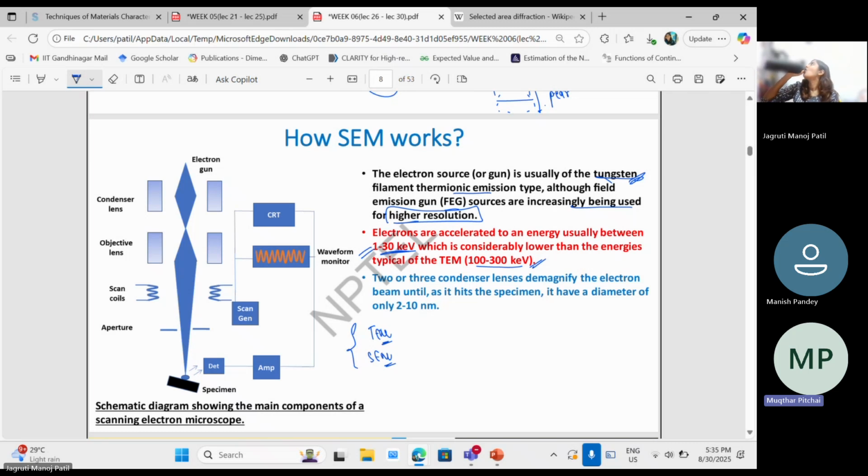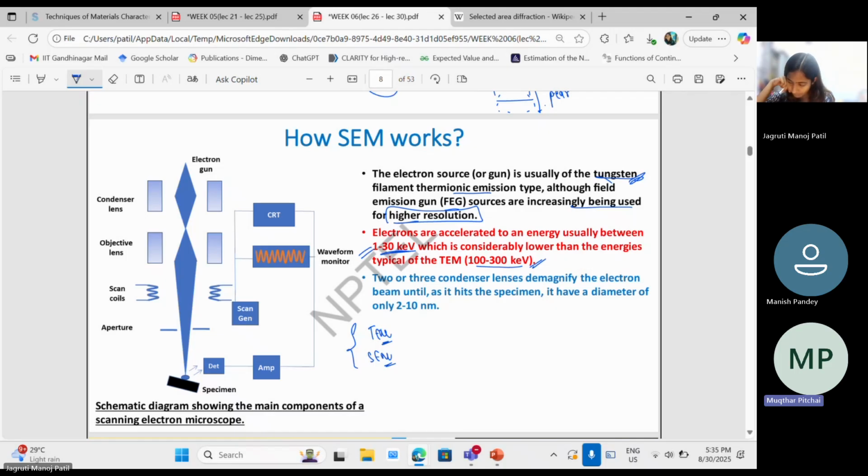But in SEM, it is metal, ceramic, polymeric, high-density samples, which can be fragile. Both use the same kind of sources, but in SEM the source is 1 to 30 kilo electron volt, which is very high.